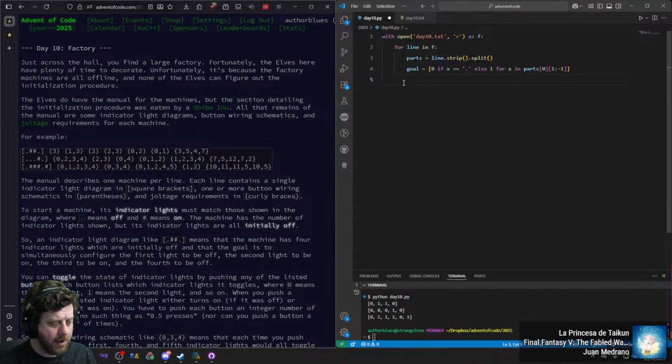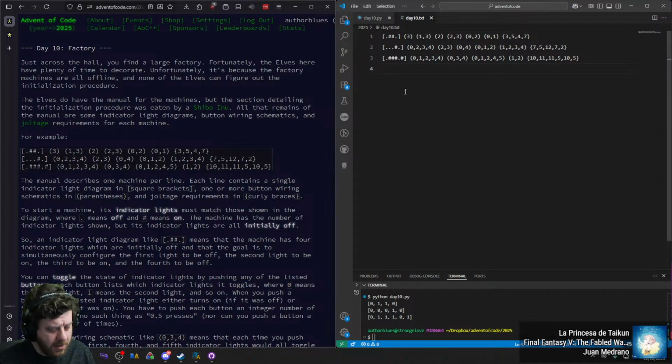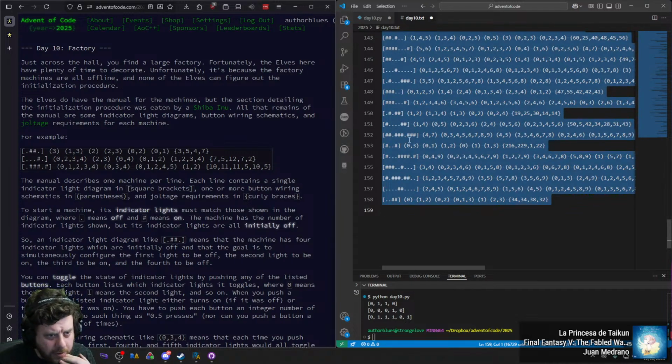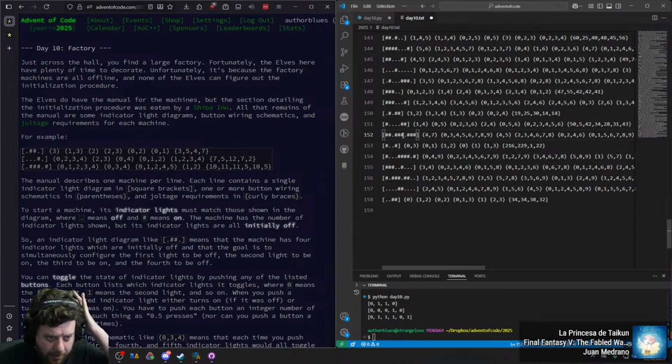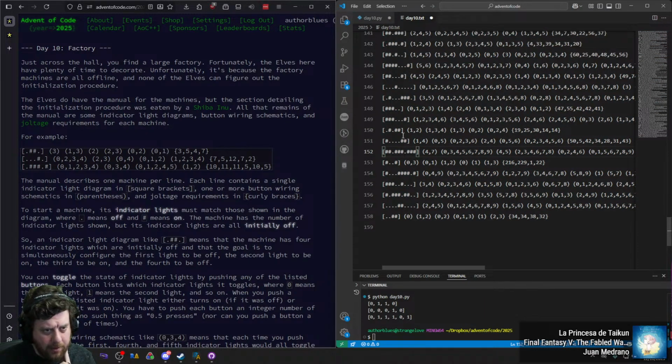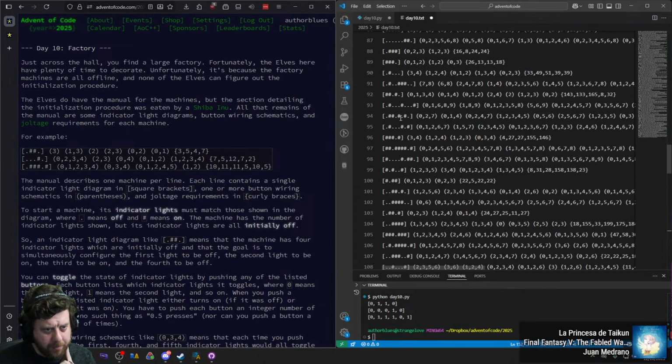Okay. Next is the list of buttons. Are any of the original ones longer than 8? Yes, these are longer than 8. I can probably use a bit field for this.